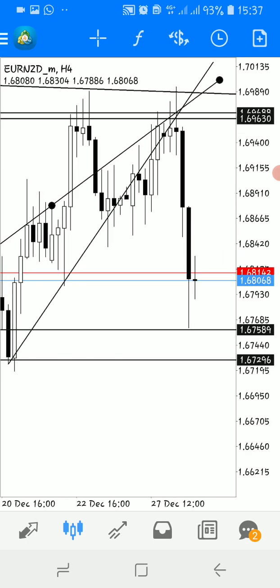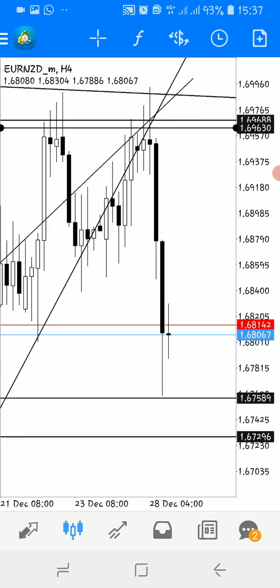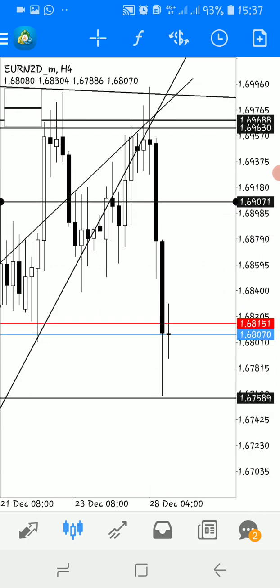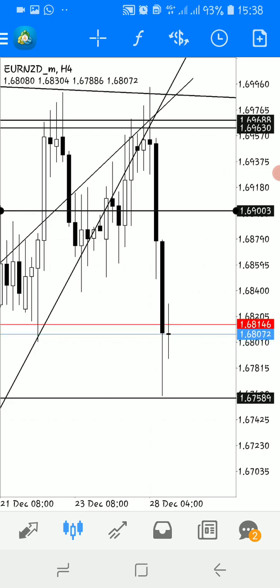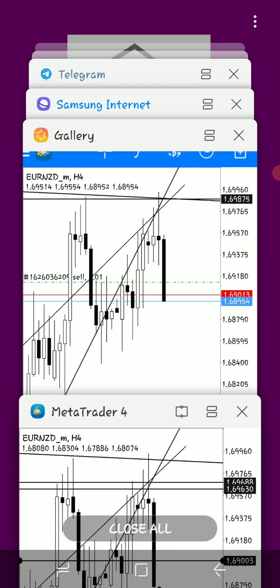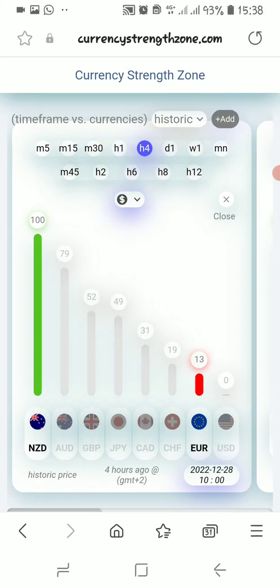So trend line, price reversal, here's resistance. And I targeted this support as profit taking. So I entered around here, where New Zealand was much stronger than Euro. So guys, that's how profitably you can trade currency strength signals.